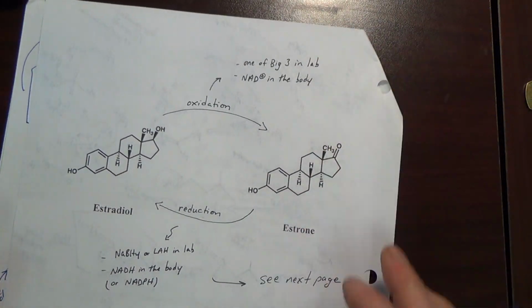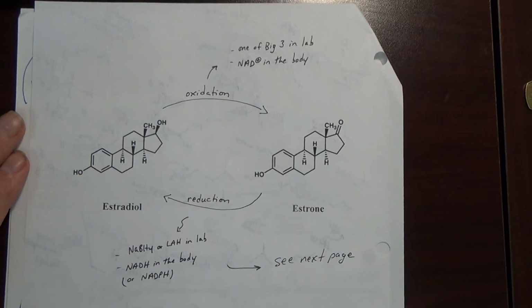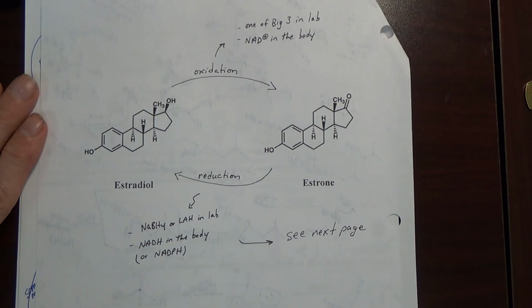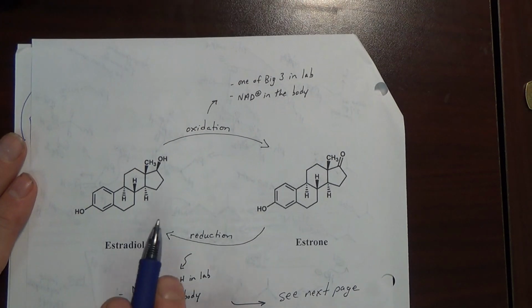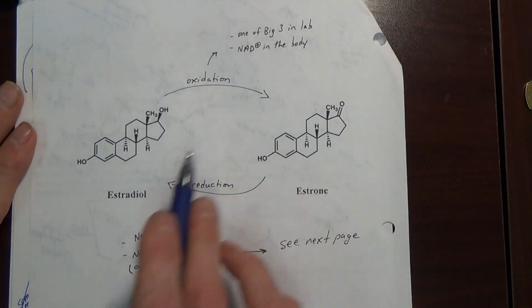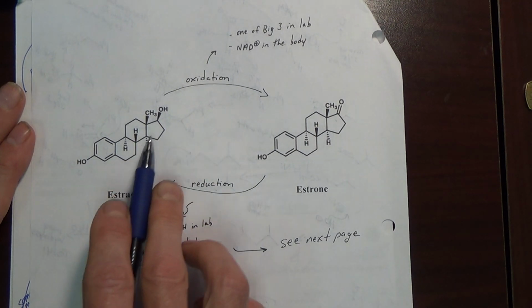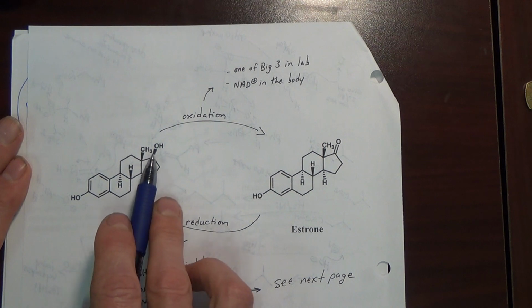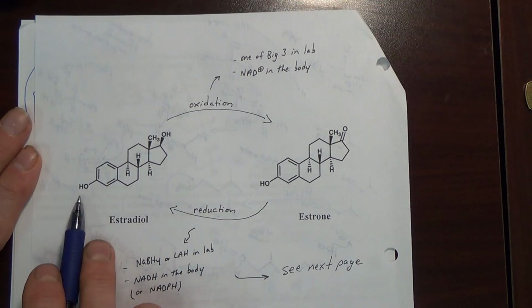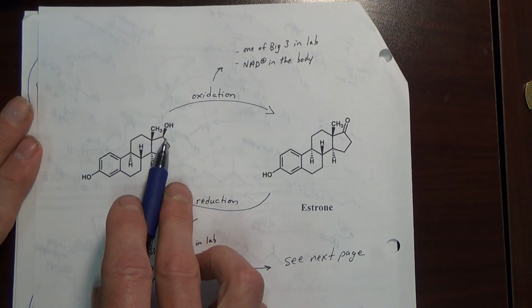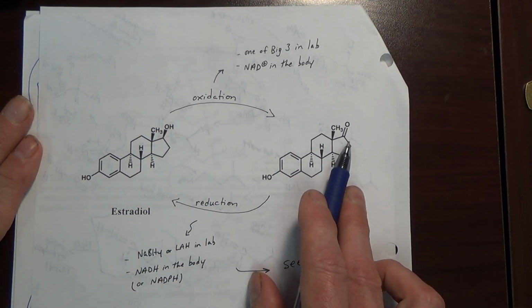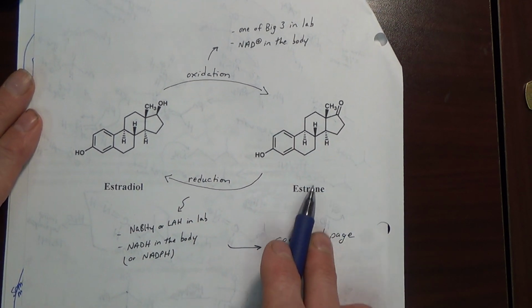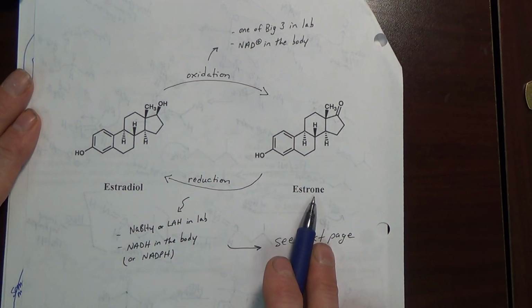Finish this up. We looked at this briefly before, but this is a redox cycle, a biochemical redox cycle, estradiol. It gets the OH here, the alcohol group, not the phenol OH. The alcohol OH gets oxidized to the ketone. That compound is known as estrone.